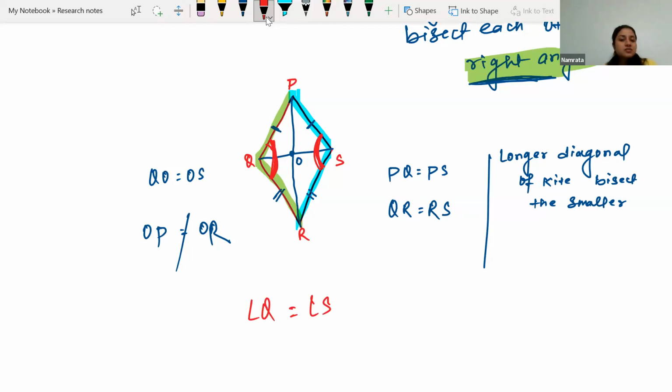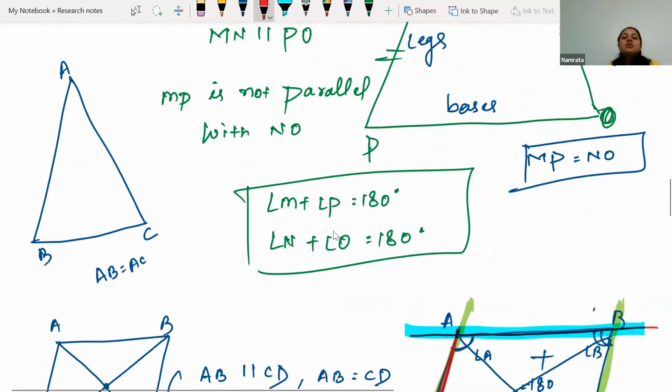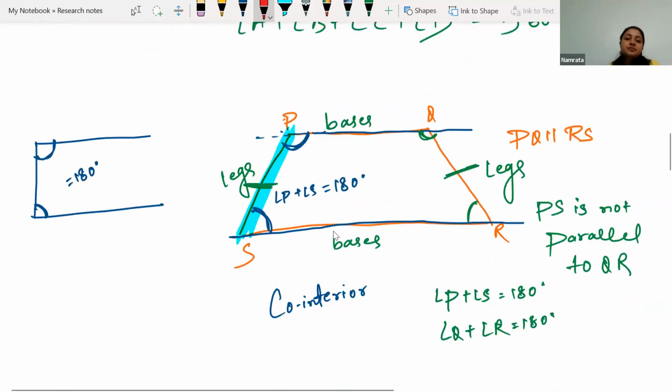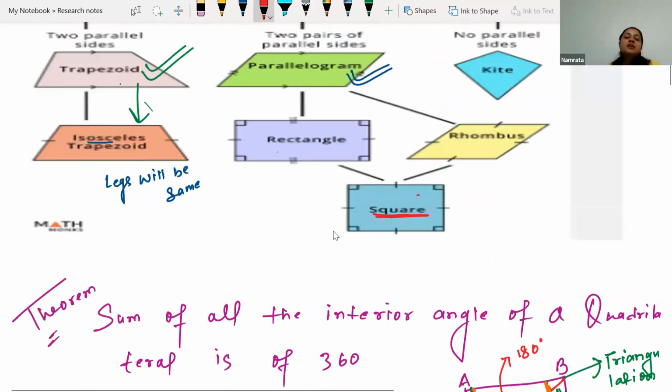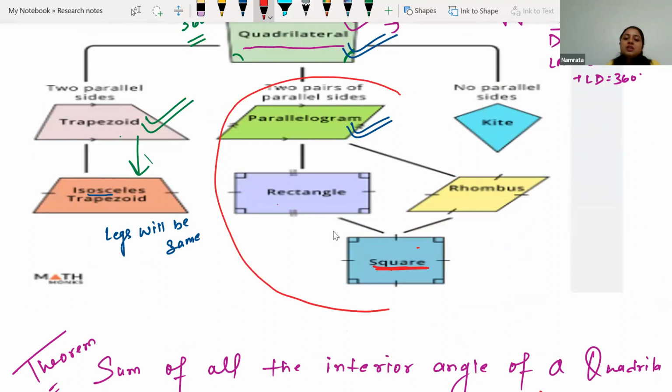Don't worry, very rarely will you see a kite in this chapter. There is no question related to kite, but you should know at least the properties for this chapter of parallelogram, rhombus, rectangle, square. These are very important. This parallelogram family is very important for this chapter.